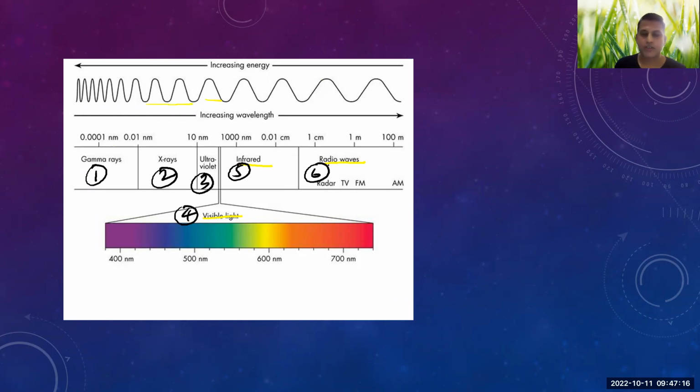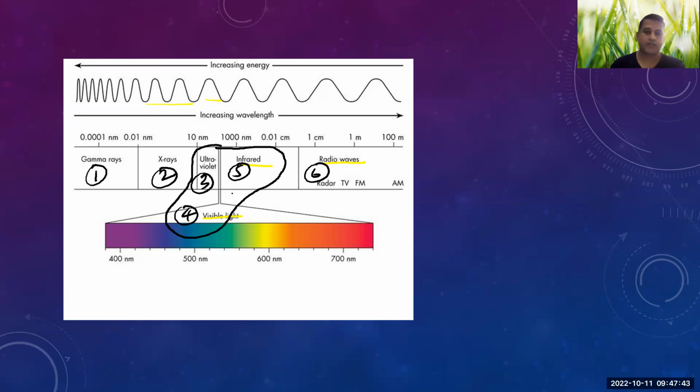So electromagnetic radiations emitted from the sun release these kinds of rays. But when it comes to Earth, we get mostly UV, visible, and infrared. UV light, visible light, and infrared.